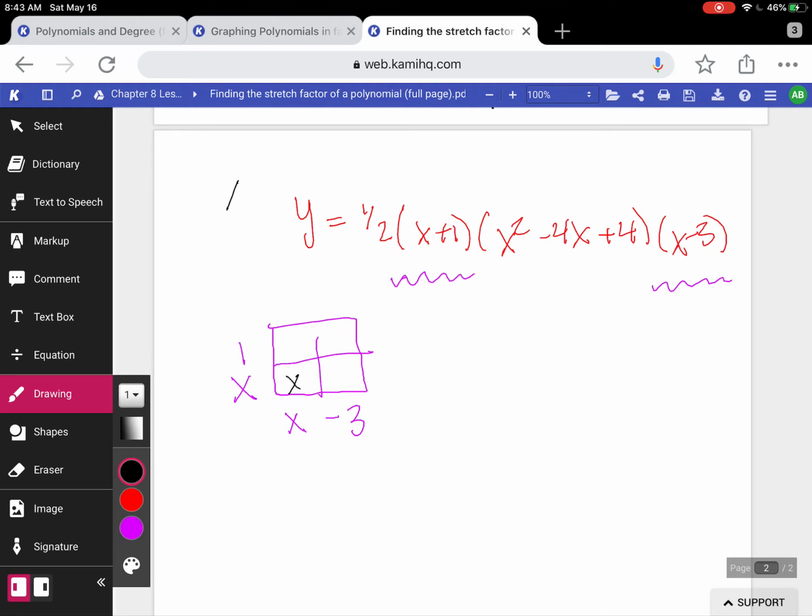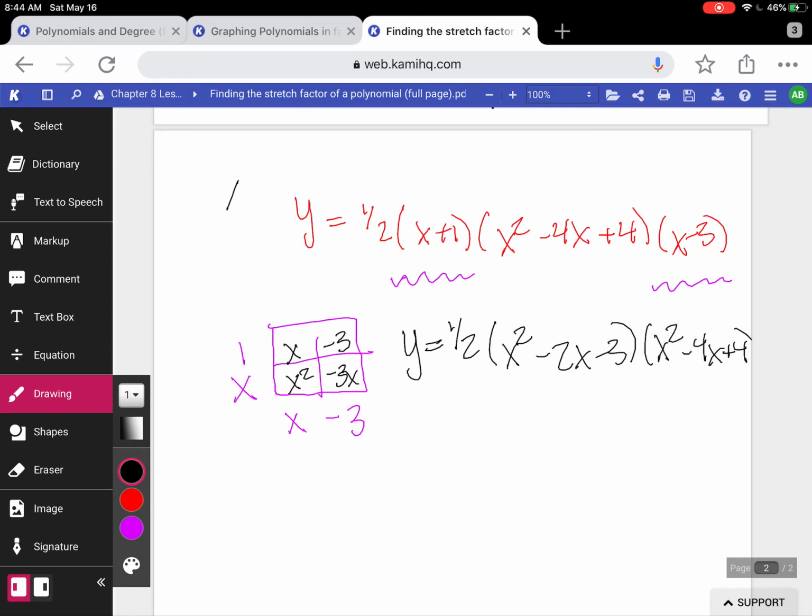So inside our rectangle, we have x squared, x, negative 3x, and negative 3. So again, we have our polynomial now reduces to (x squared minus 2x minus 3) times (x squared minus 4x plus 4).